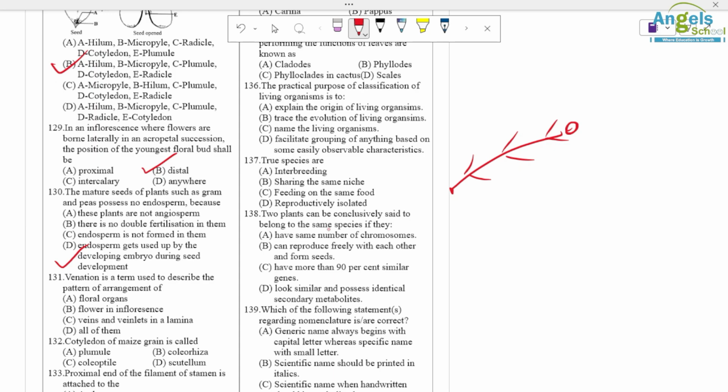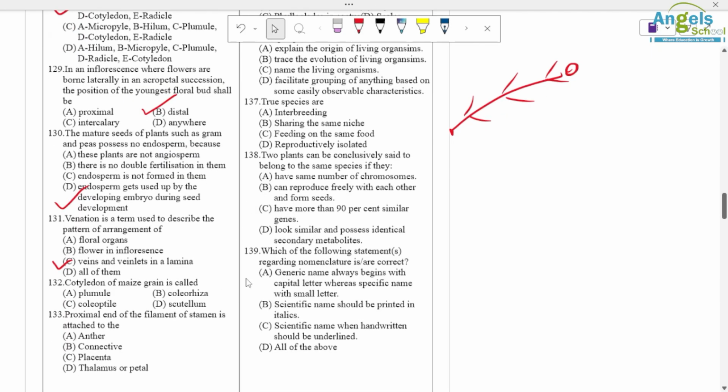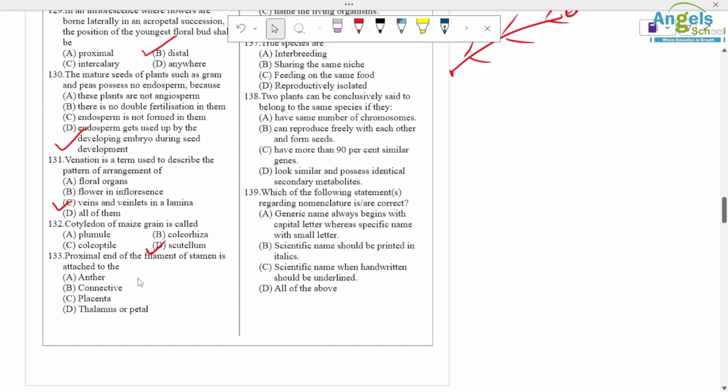Venation is a term used to describe the pattern of arrangement of veins and veinlets in the lamina. The cotyledon of maize grain is called a scutellum. Direct definition: the proximal end of the filament of a stamen is attached to the thalamus or a petal.